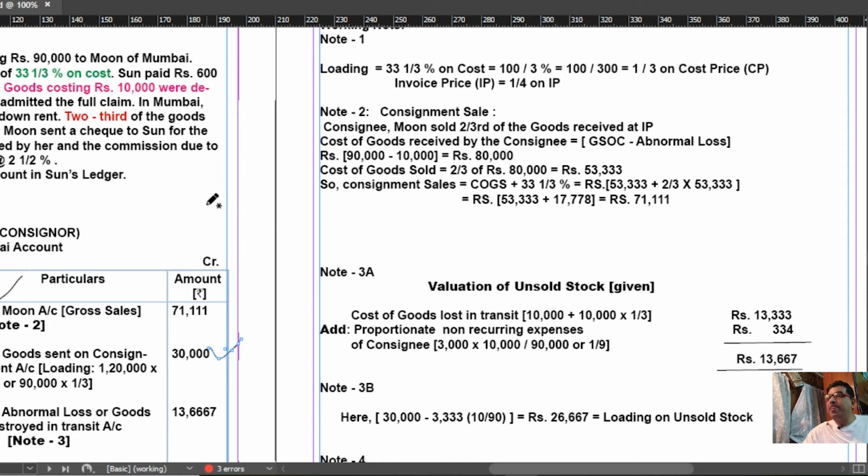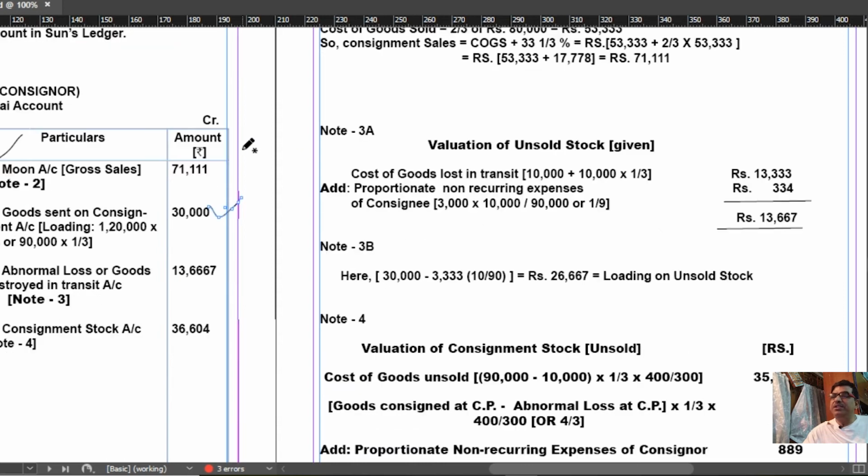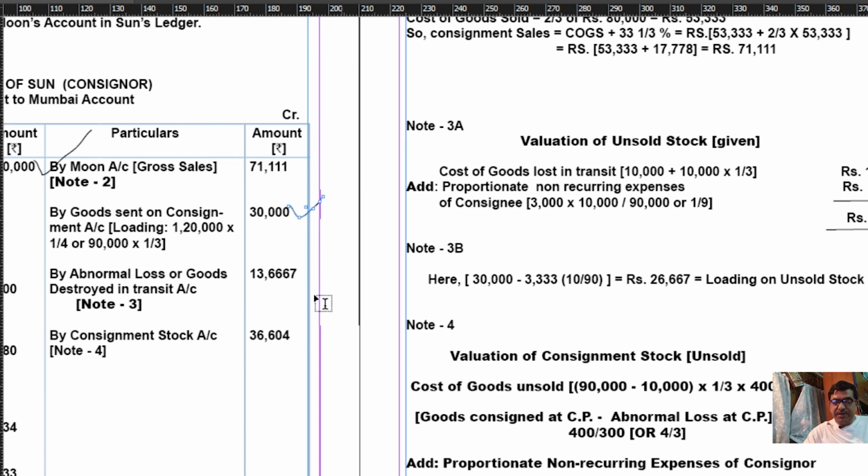Now, the entry will be abnormal loss account debit to consignment, that is by abnormal loss or goods destroyed in transit, 13,667. This is the abnormal loss.